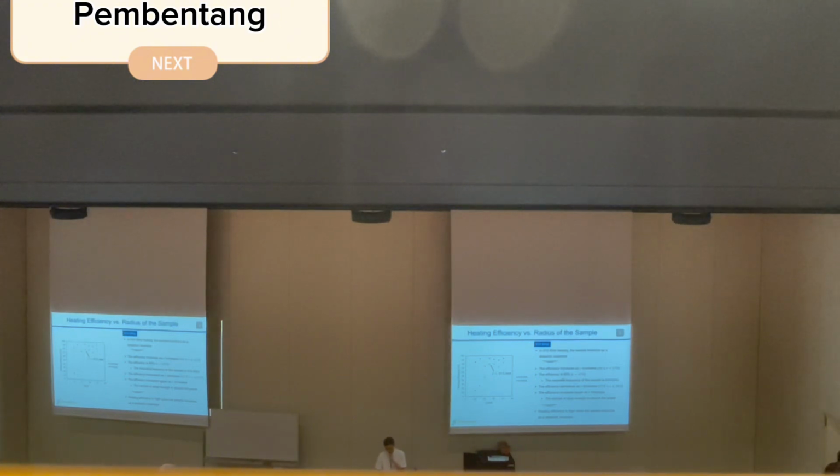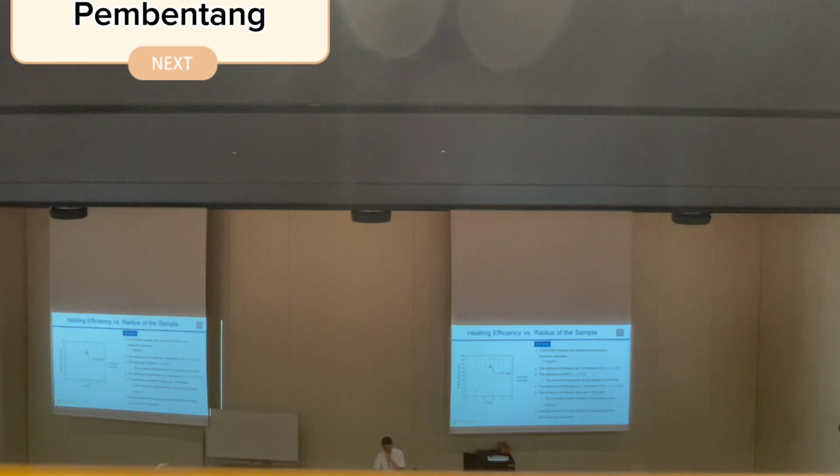This is the result of the simulation: heating efficiency versus radius of the sample. When the input frequency is 915 MHz, the sample functions as a dielectric resonator, and the efficiency increases as R increases. When R equals 17.5 millimeters, the sample functions as a CDR, and the efficiency becomes 80%.